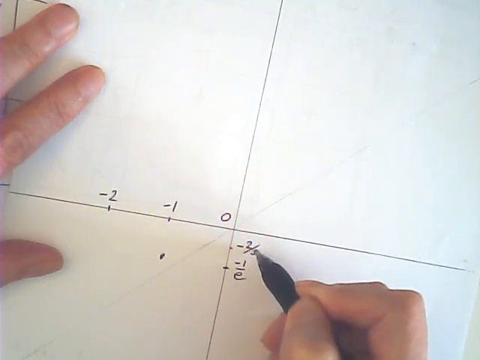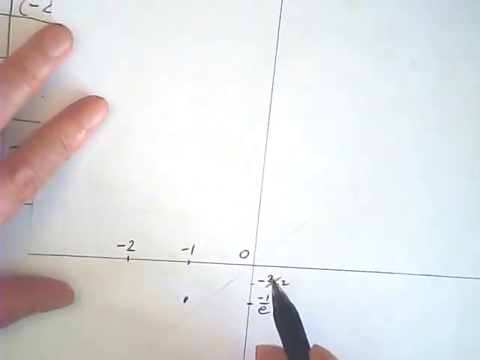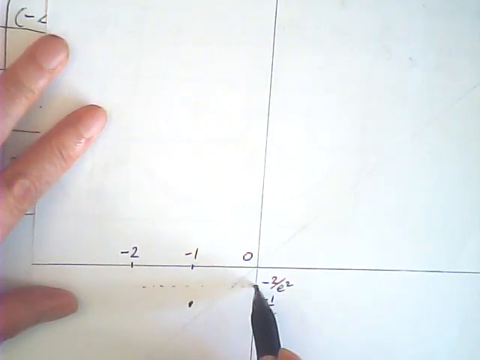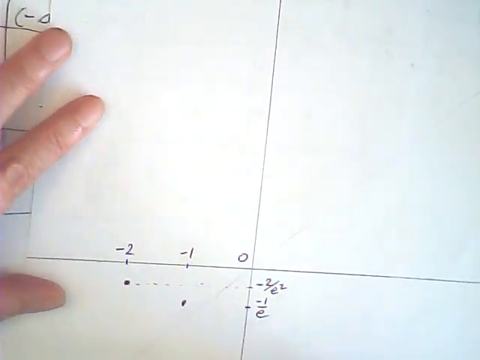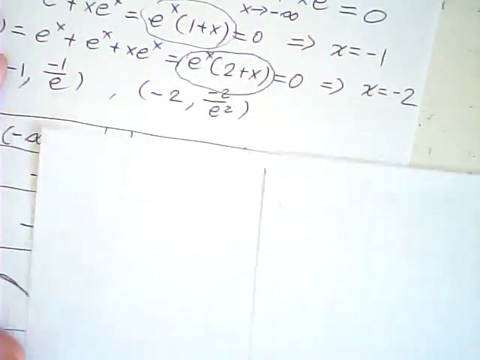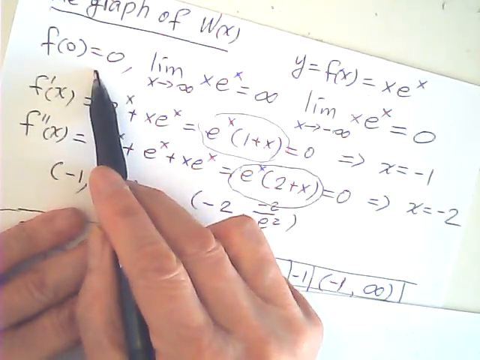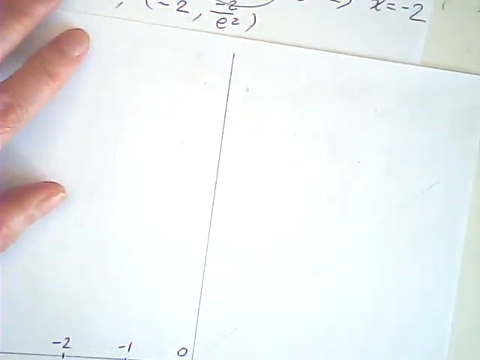So this is the point. And also this is the point, passing through 0. Okay, very good.